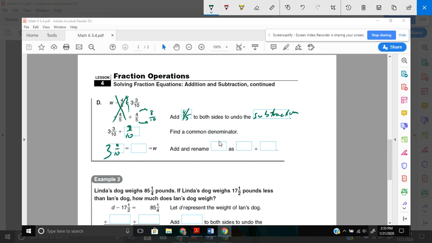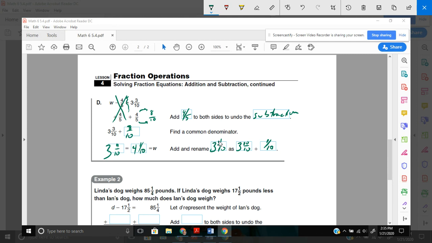So take one of these wholes, so take 10/10 and add it to a 3, which would give me 4. And if I took 10/10, I'd have just 1/10 left. So 4 and 1/10. In other words, I renamed 3 and 11/10 as 3 and 10/10 plus 1/10.